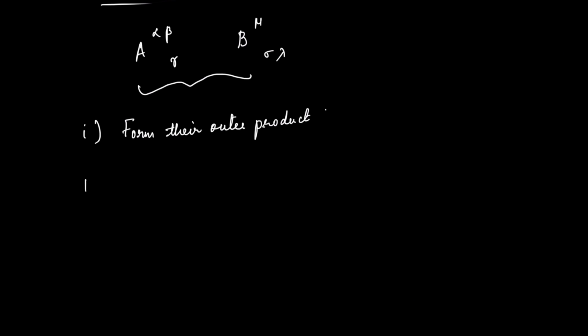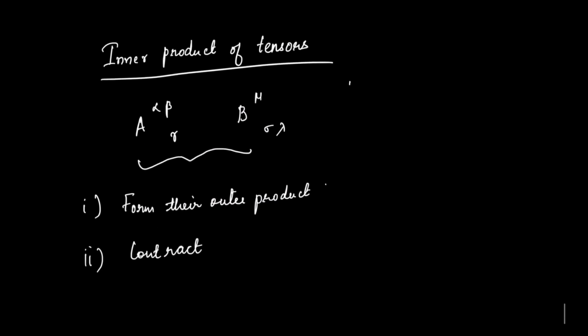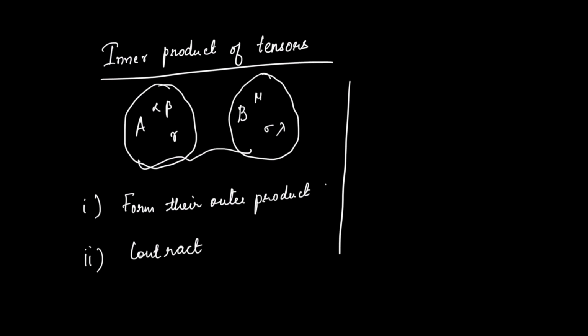Okay, and then we have also defined what is contraction, and the second step is to contract this outer product by putting one covariant index equal to a contravariant index, and the result is called the inner product. Okay, so here, these are two tensors, A alpha beta gamma, B mu sigma lambda. If I take the outer product, then I'll get A alpha beta gamma, B mu sigma lambda.